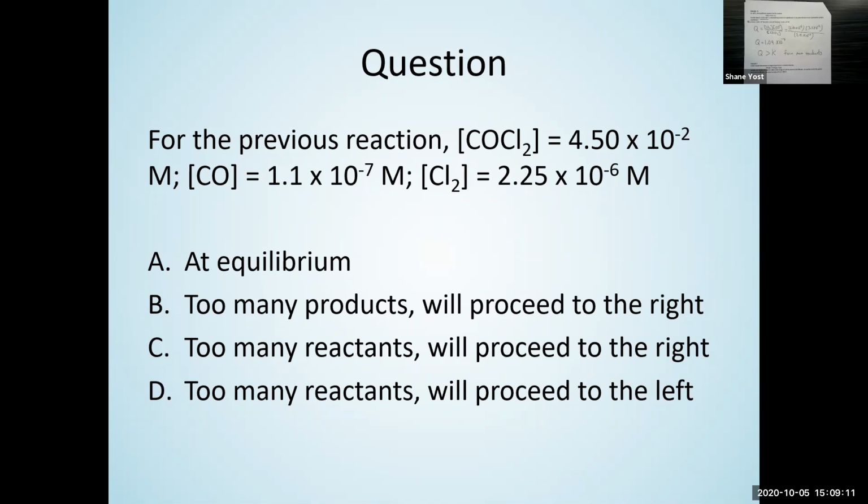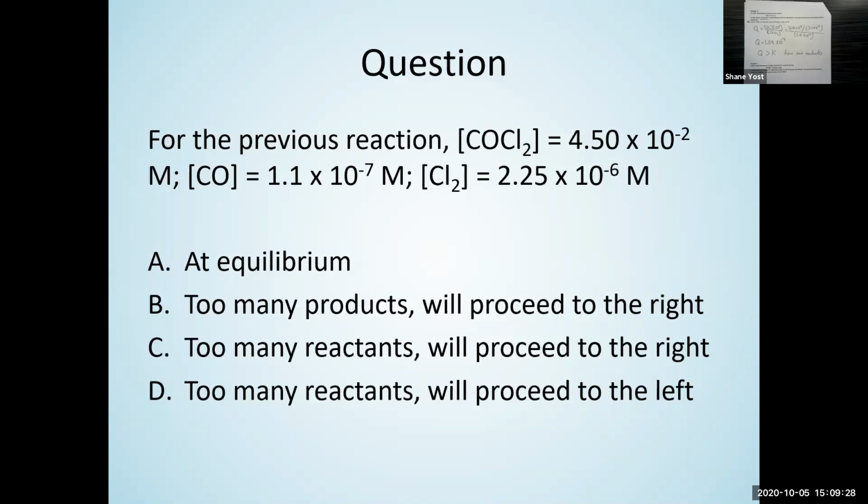So here's people saying C. Any other? Some B's, some C's. All right.